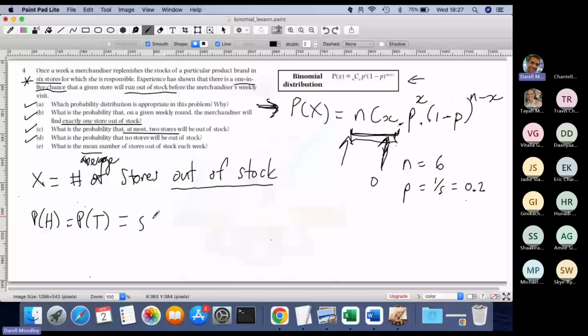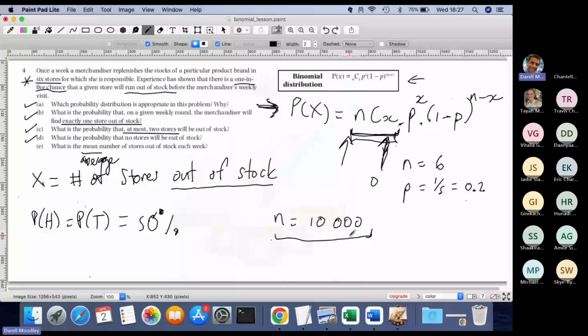Now let's say I flipped the coin 10,000 times. So my number of experiments, n, is 10,000. What is the approximate number of heads you would expect to get if I flipped it 10,000 times?